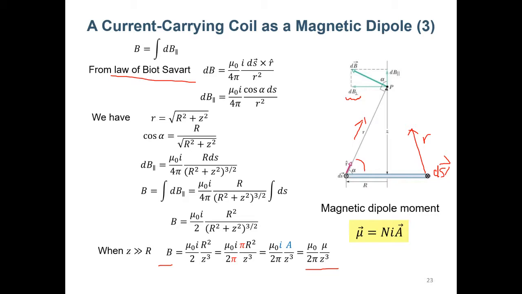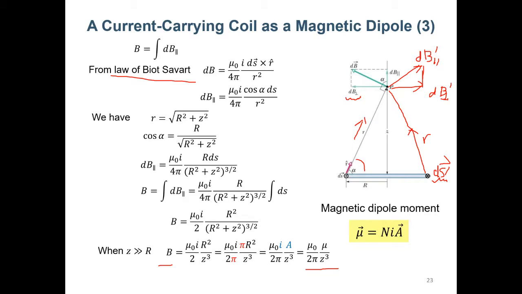So you have dB generated by this part should be something like this one. And actually the perpendicular part, so the dB perpendicular is cancelled. The only part that remains is the dB parallel. So all of the magnetic field generated by this coil should be pointing upward.